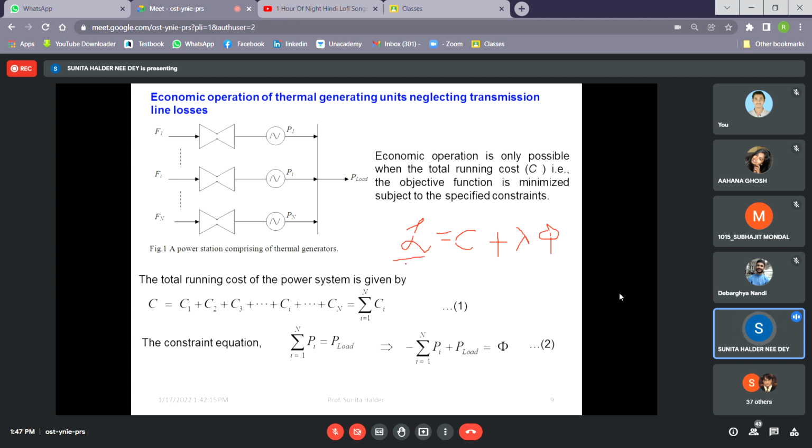This is the Lagrangian function. Then we shall minimize this one. This is one conventional method to optimize a function. Now we can also use some computing techniques, particle swarm optimization, genetic algorithms, so many optimization techniques are there.